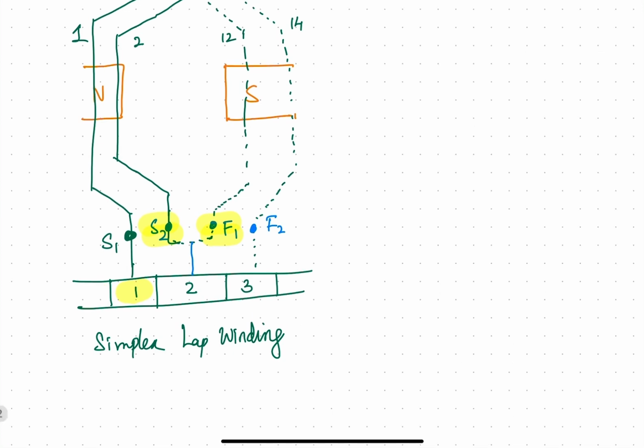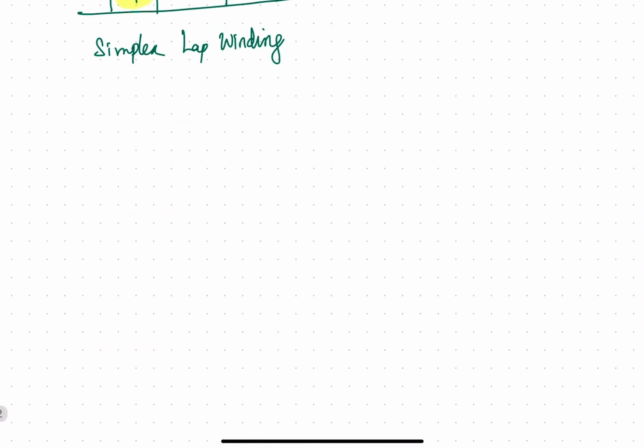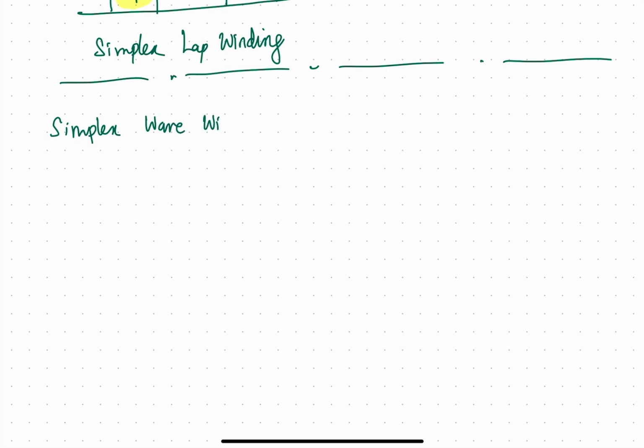Okay, so after this we have the simplex wave winding. Let me write this here. The simplex wave winding. In the simplex wave winding, the finish coil F1 of coil 1 is connected.